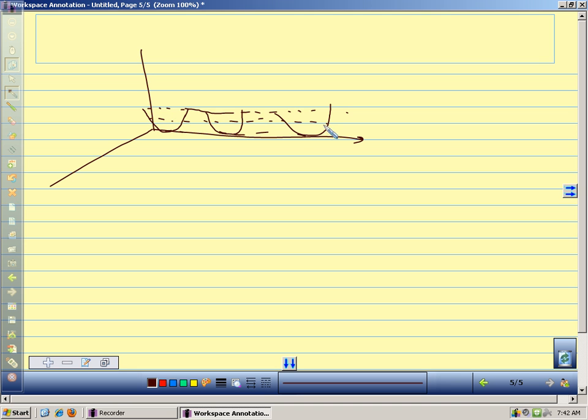So my rulings are these dotted lines. So my surface is that parabolic shaped trough. Is the partial derivative of this surface with respect to y 0?